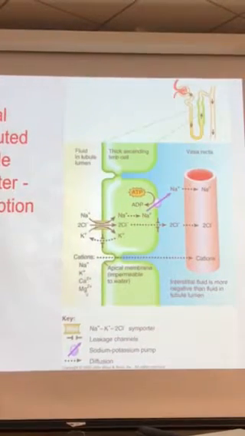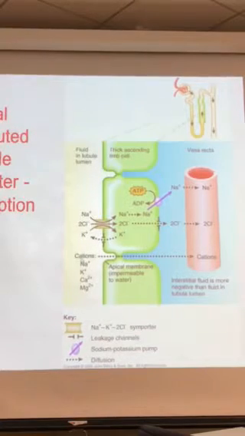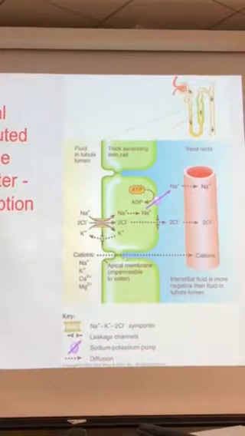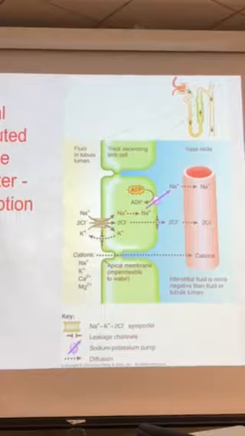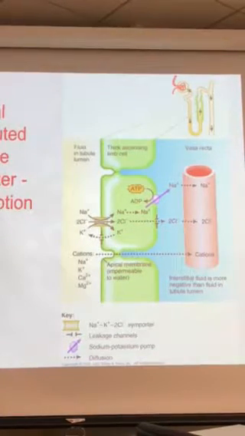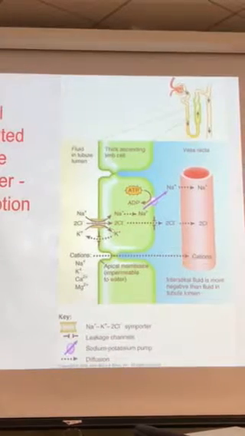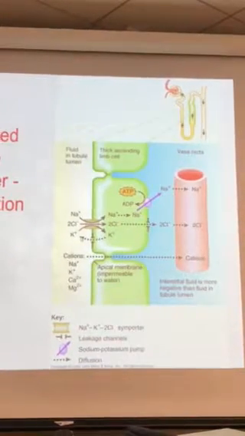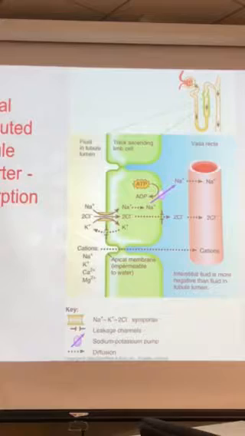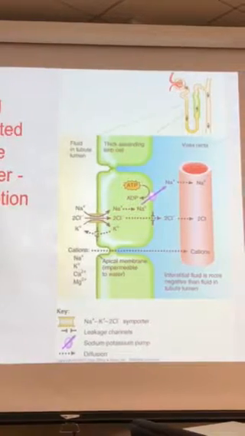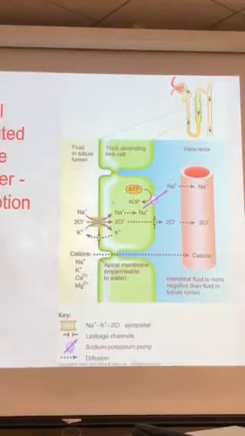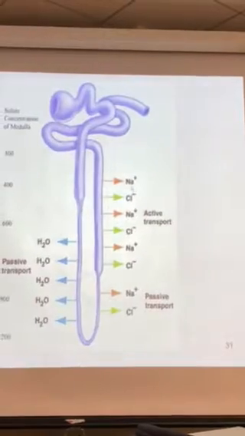And then all of these, sodium, potassium, calcium, and magnesium, can go paracellularly. So it's only the transcellular ones that are going to have to go through that symporter. And then here's potassium. Potassium can go back out through special channels, so this is concentration dependent. Okay, so that's what's going on there.